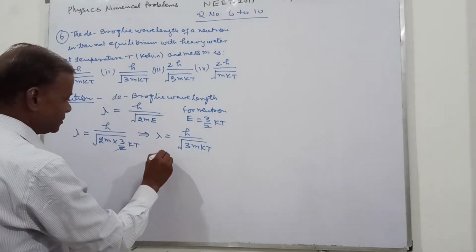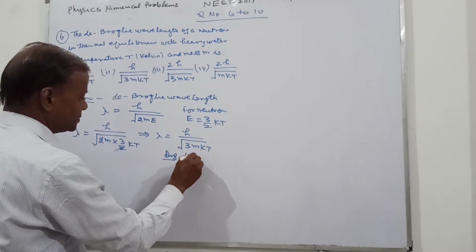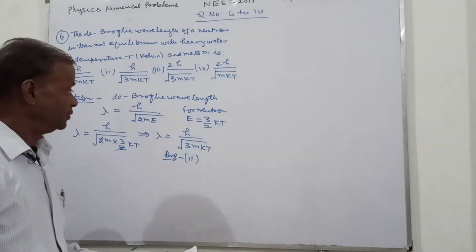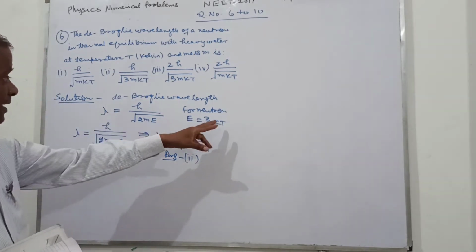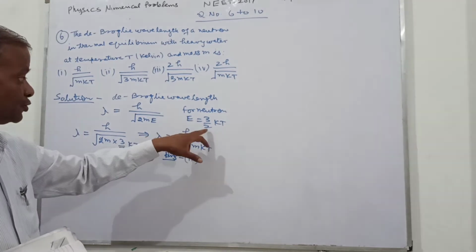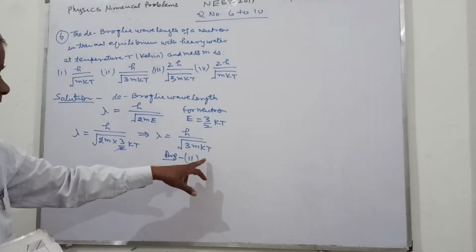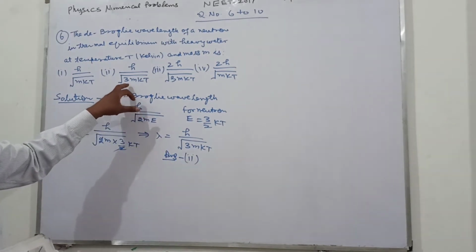If you have forgotten, just apply this formula, remember that neutral particles have thermal energy 3 by 2 kT, find the formula, and match the option.